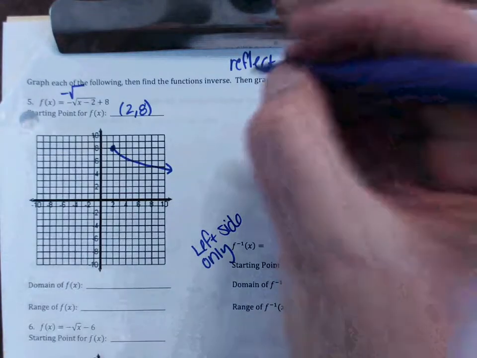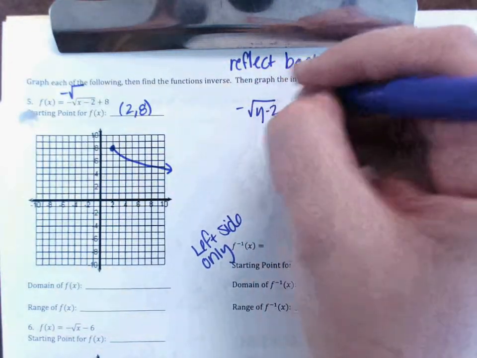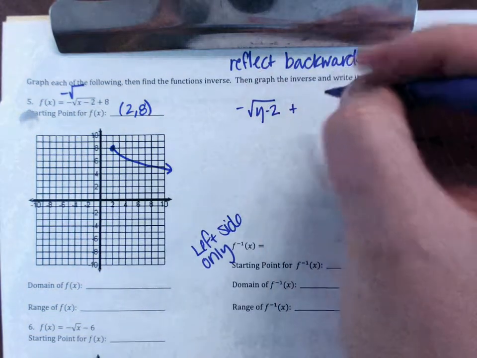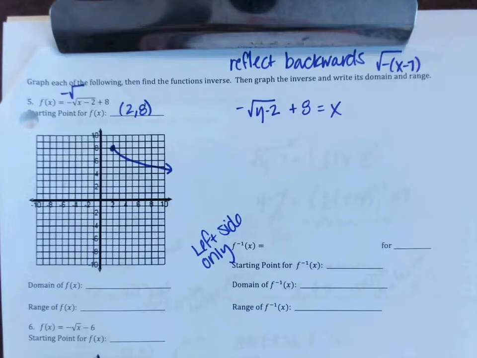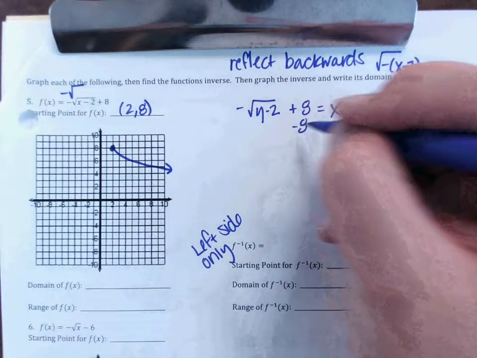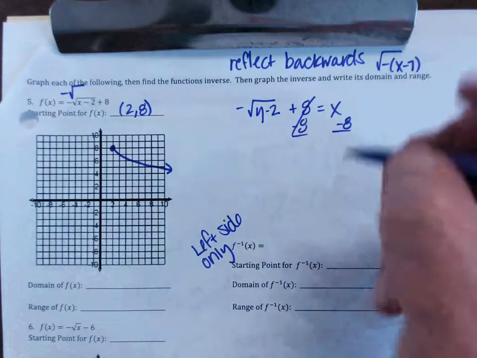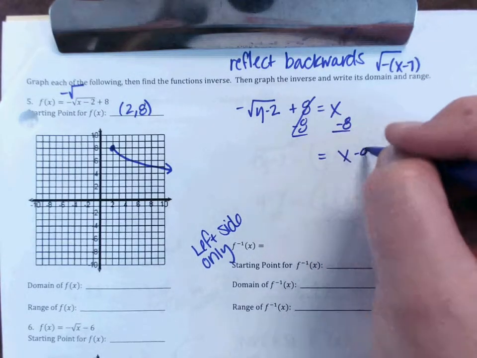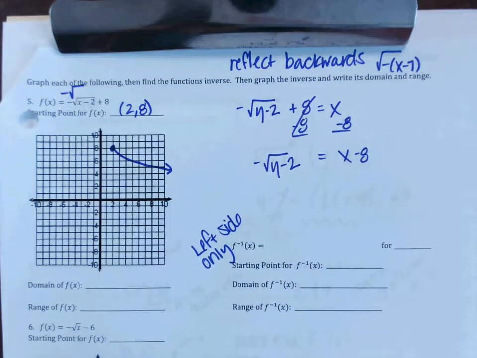Okay, now we're ready to find our inverse. So y minus 2 plus 8 equals x. Minus the 8 across. X minus 8 on the other side equal to negative square root of y minus 2. Next step. Normally, you would have to get rid of that negative.